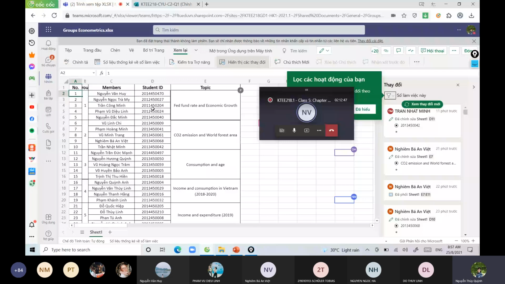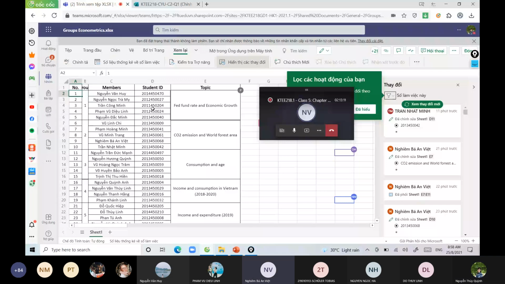Okay. And the reason for that? The reason why we chose this topic, why you use the world forest area to explain the value of the carbon dioxide emission?